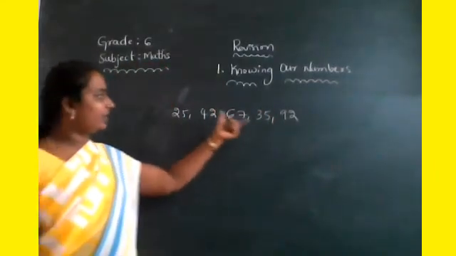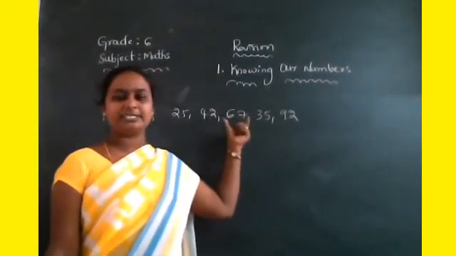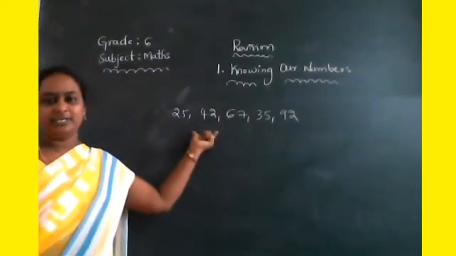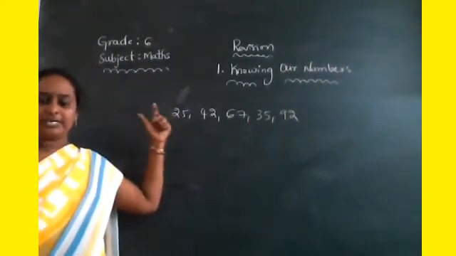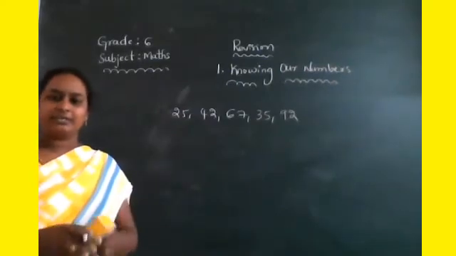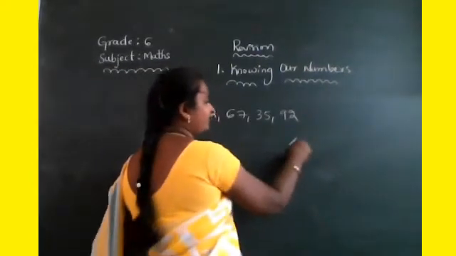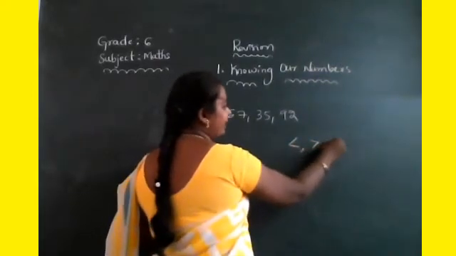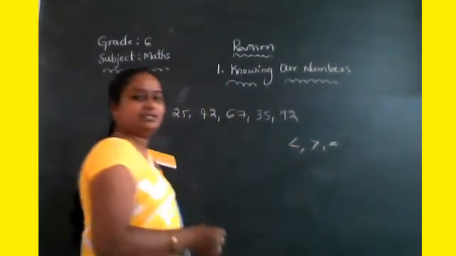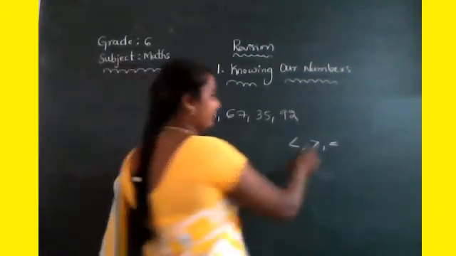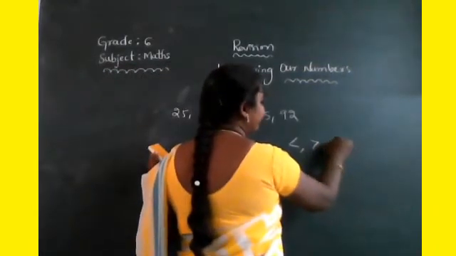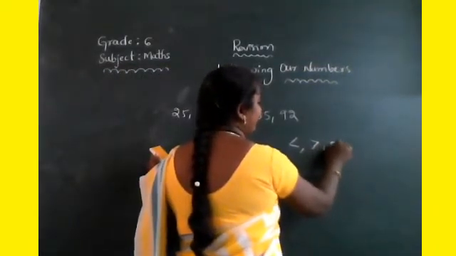Which is the smallest number and which is the greatest number? Do you know for comparison which symbols are used? Very good. That is less than, greater than, and one more, equal. Less than, greater than symbol and equal symbol also.